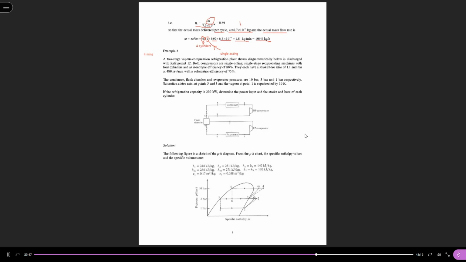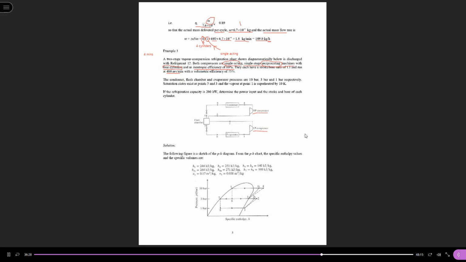What's new here is that the boost compressor is a single-acting, single-stage reciprocating machine with 4 cylinders, and we know their isentropic efficiency. For the compressor, the design stroke to bore ratio is 1.1, and through the speed we can calculate the mass flow rate.